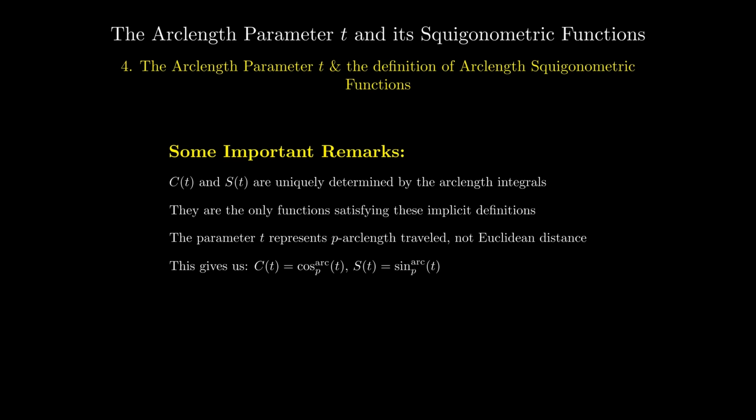It is very weird that these arc-length functions are defined in terms of integral boundaries, but they are the only functions that make these two forms of representing t, which remember is the p arc length traveled until a certain point, true. So it is a valid way to define them. But again, we'll have a more detailed look at them.